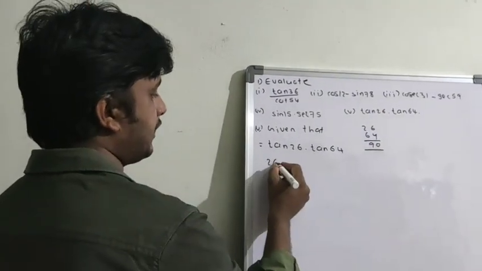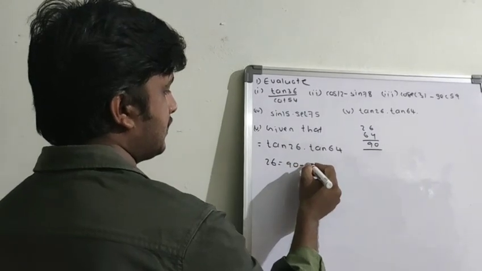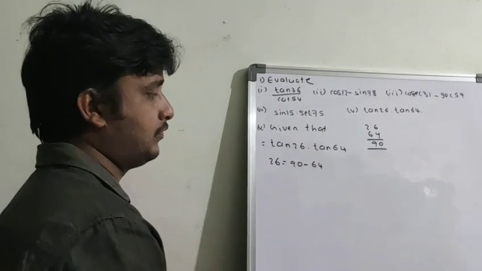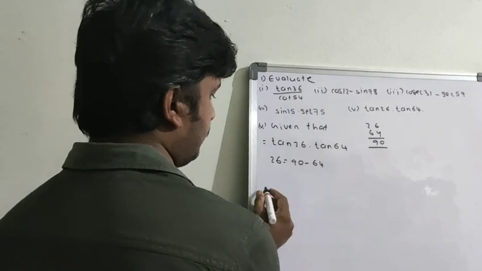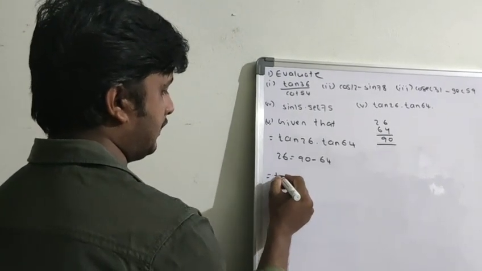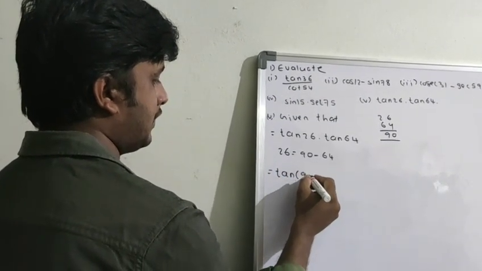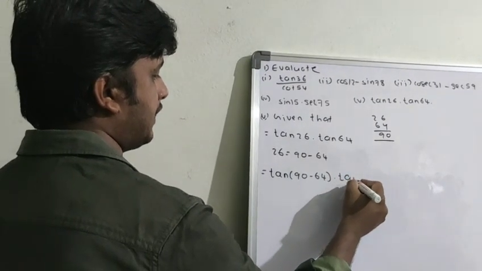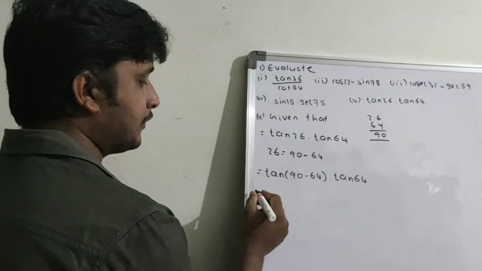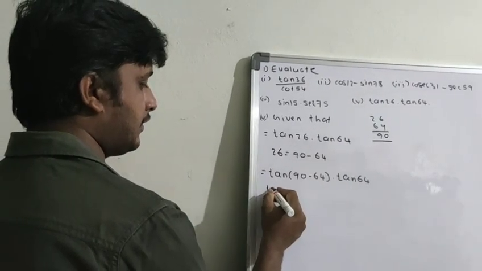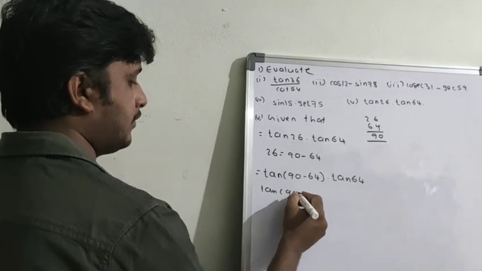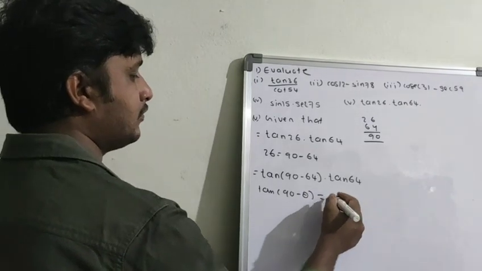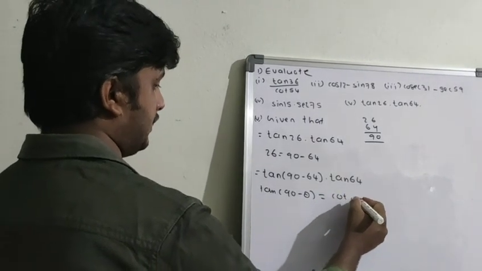So 26 I will write as 90 minus 64. Here, tan(90 minus 64) into tan 64. We know that tan(90 minus theta) is equal to cot theta, isn't it?